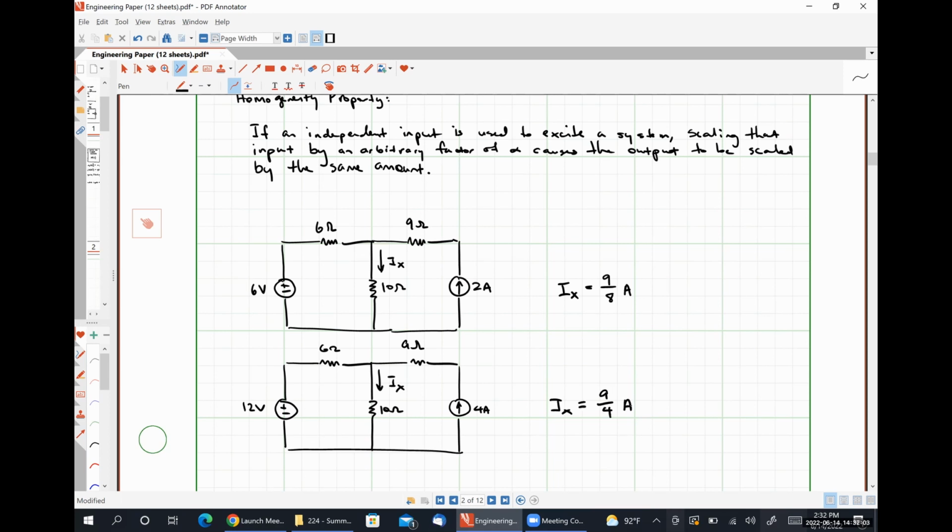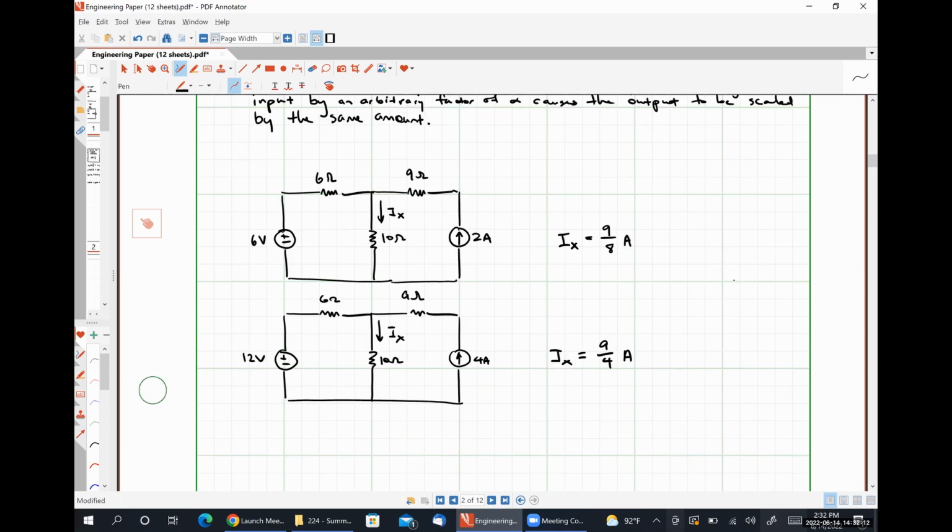So if I scale my inputs by a factor, the output has to scale by the same factor. So let's see whether or not that works out for this particular circuit.